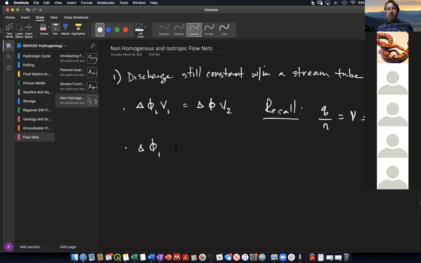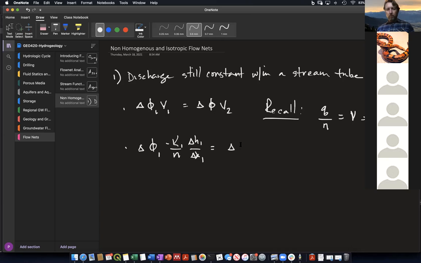So I can insert this here, and I get negative K over n, and this is the hydraulic conductivity at our point 1, times delta H1 over delta X1.